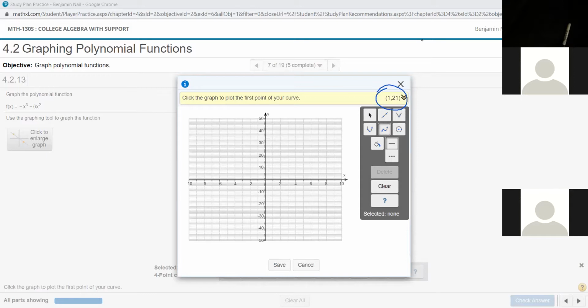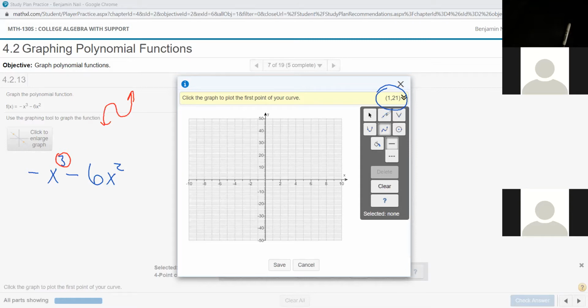All right, so again, with this particular function, we're going to be graphing negative x cubed minus 6x squared. Okay, this is going to be extremely important. Number one, you have to know what the graph is even going to look like. The fact that this is a third power tells you it's a cubic function. Your graph is going to look kind of like so.